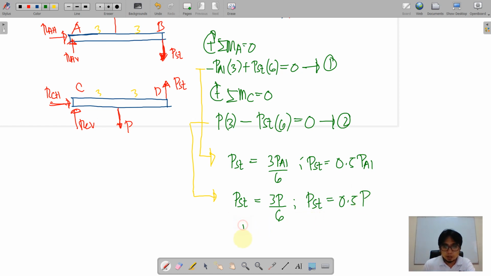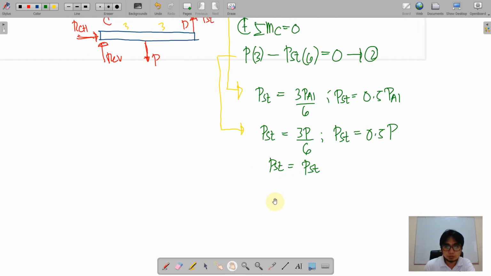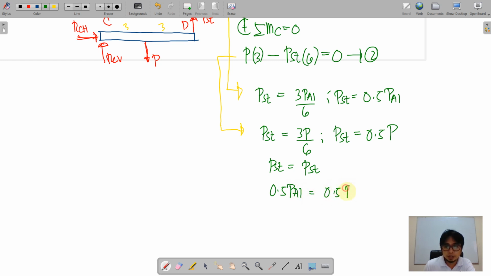So equating P of steel to P of steel, we now have 0.5 of P of aluminum equal to 0.5 of P as well. Therefore, this just cancels. We can say that P is equal to P of aluminum.